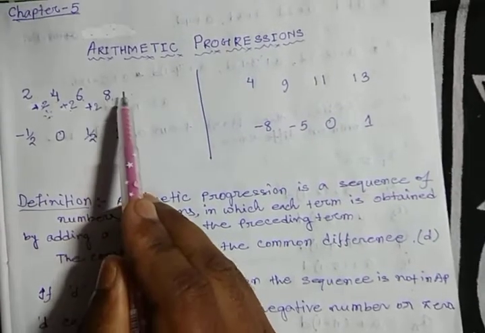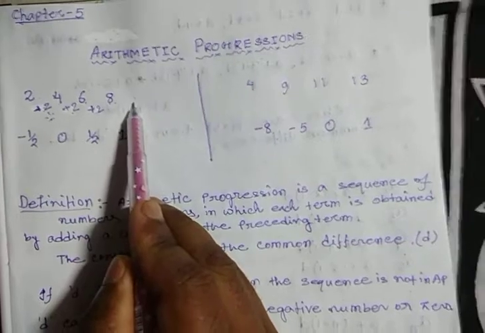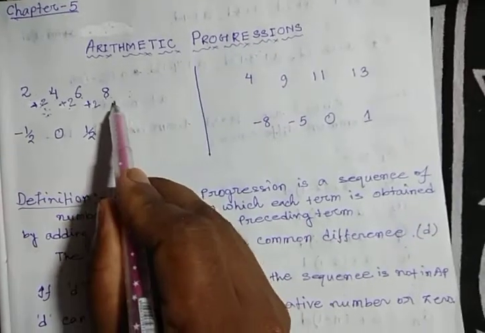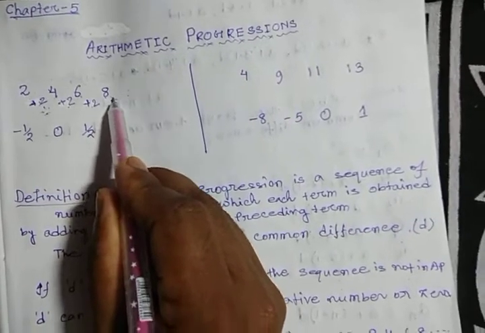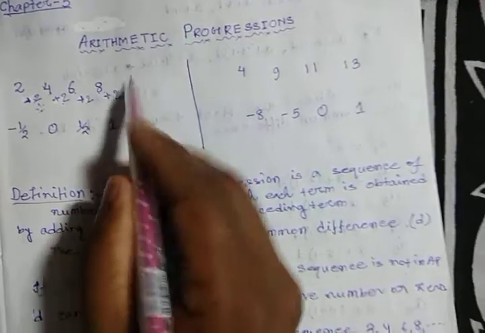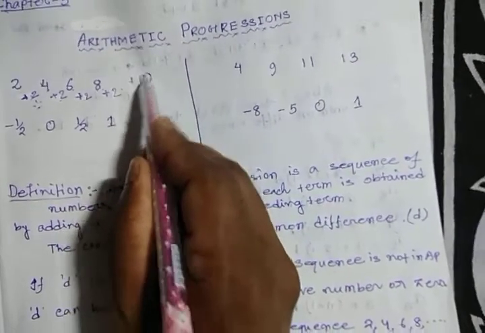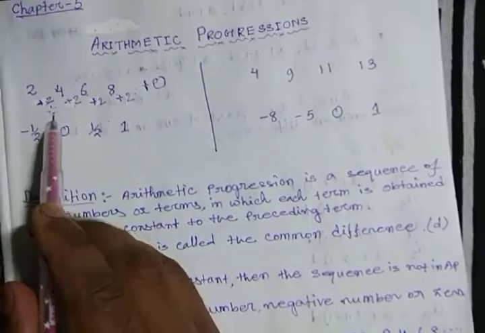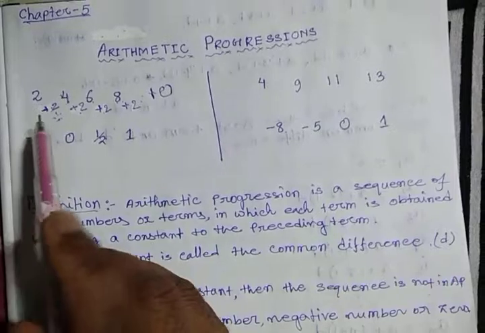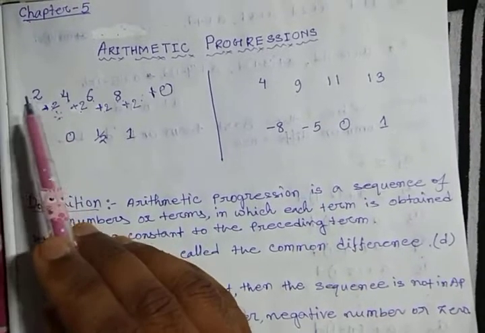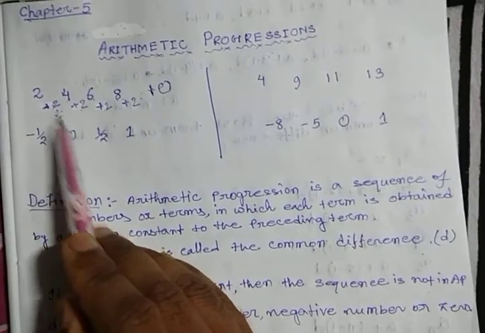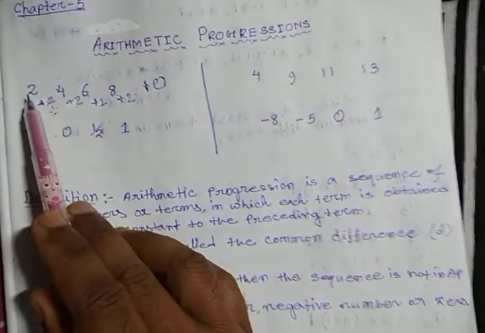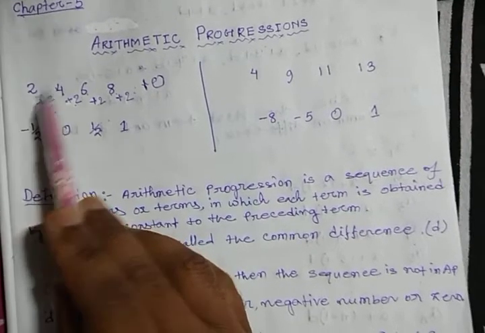Now, if we want to find the fifth term of this sequence, we need to add 2 to 8, then it will become 10. So 10 will be the fifth term of this sequence. So we just need to add a constant number, here it is 2, to any number, then we can find the next number.